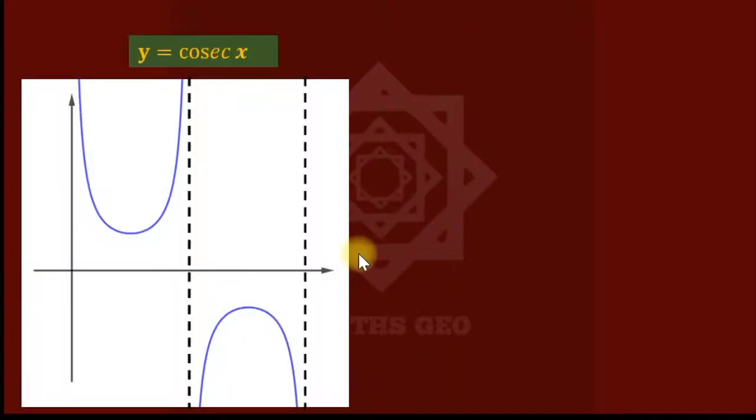You see, here is 0, this is 180, where it's not defined, and this is 360. Here, the maximum, that's the minimum here, this is 270, cosec at -1.